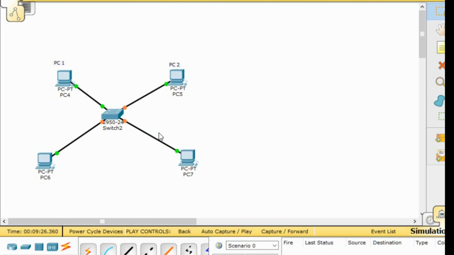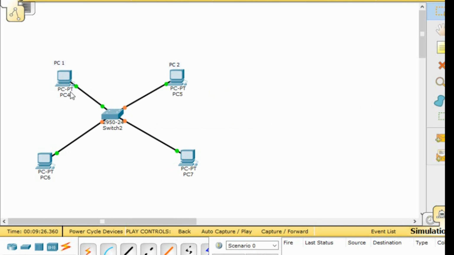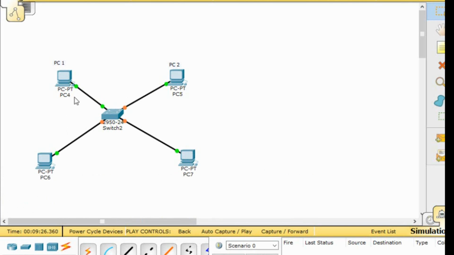So if you have a question about the switch, the same goes, they're in one unicast, right? Basically this one is sending data from here to there, and this one is sending data from here to there. That's how it goes in unicast. So that's what we call unicast. Okay.